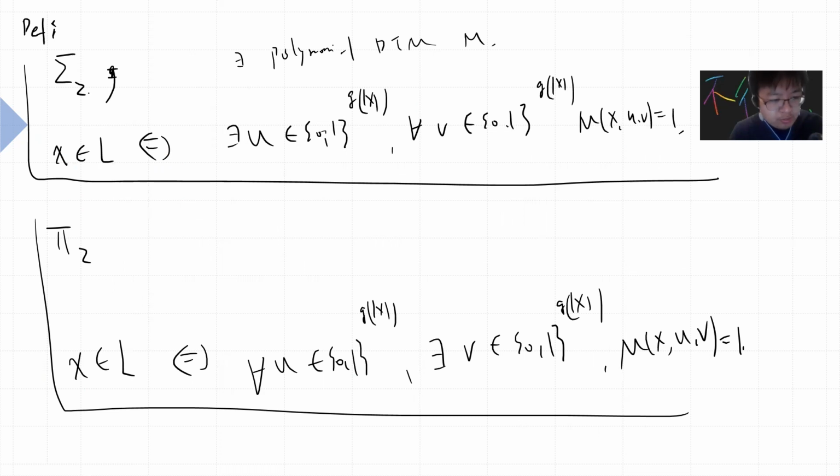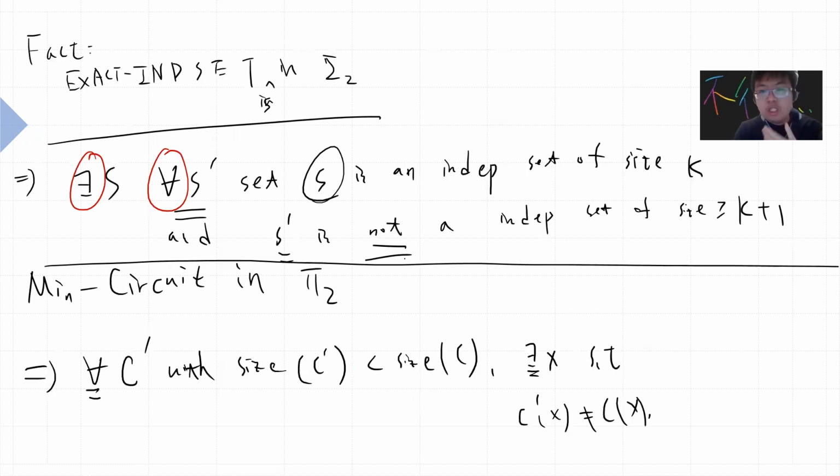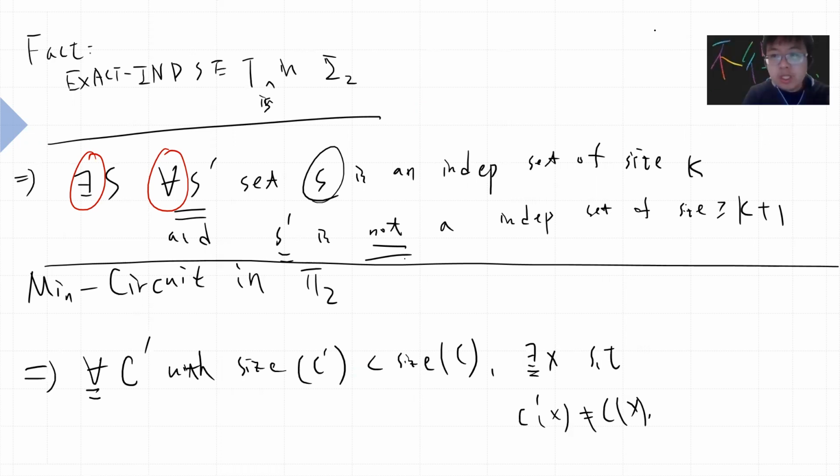So this gives us a more powerful computational complexity class, and also tells you why sigma and pi are interesting.